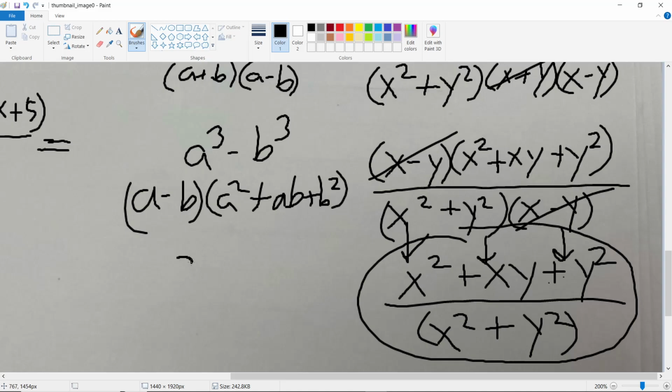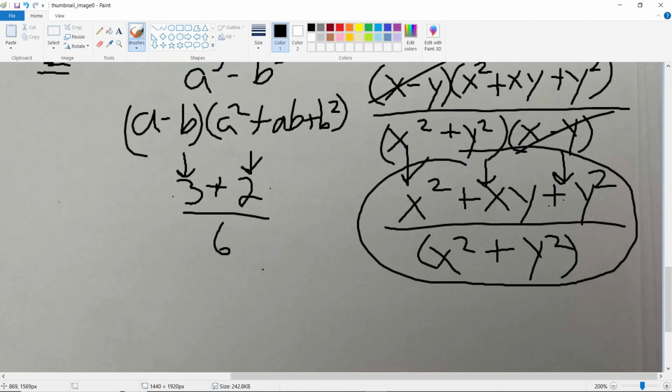It's like if I have 3 plus 2 divided by 6. I can't factor 6 out because it's not in both terms. 3 times 2 is 6, but 6 would have to exist in each one of those terms to cancel it. So it's just 5/6. Now, what if I had 18 plus 12 over 6?